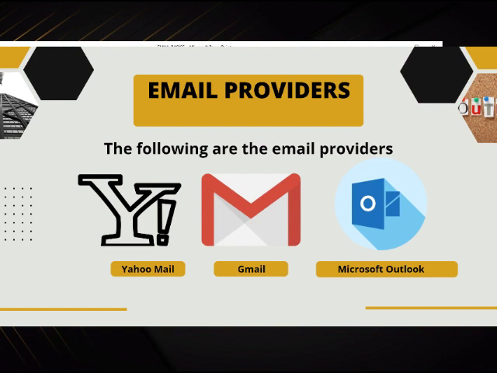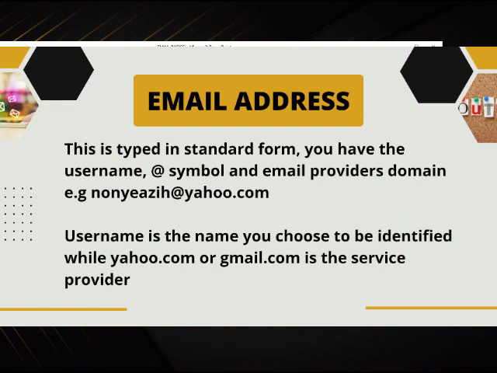Now, let us look at how to write an email or type an email address. In typing an email address, you have to type it in a standard form. It has to contain the username, then the @ symbol, and the email provider's domain.